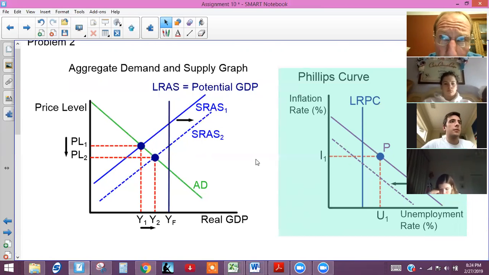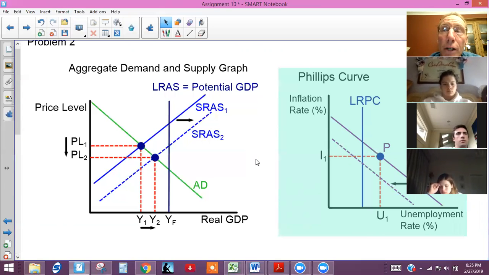So fiscal policy is either going to be the government spending more, which is part of what aggregate demand is, government spending. So that's going to shift aggregate demand to the right. Or the government can decrease taxes, which gives everyone more disposable income, which means there's more spending, more investment, and that shifts the aggregate demand.